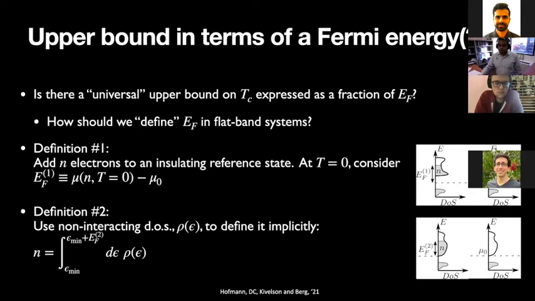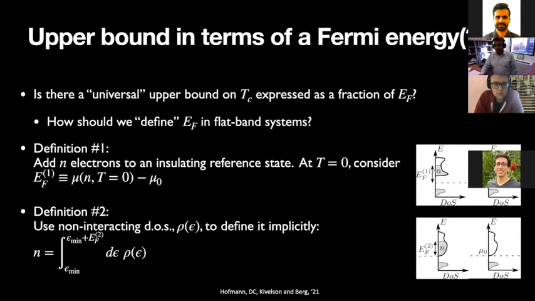That's what's shown here in the cartoon. Imagine you're interested in some system where you have some non-interacting reference state, which is shown here on the right. You have these different bands. These are the ones that are full. This is the one that's empty. You park your chemical potential inside the band gap, and then you imagine filling up this band.